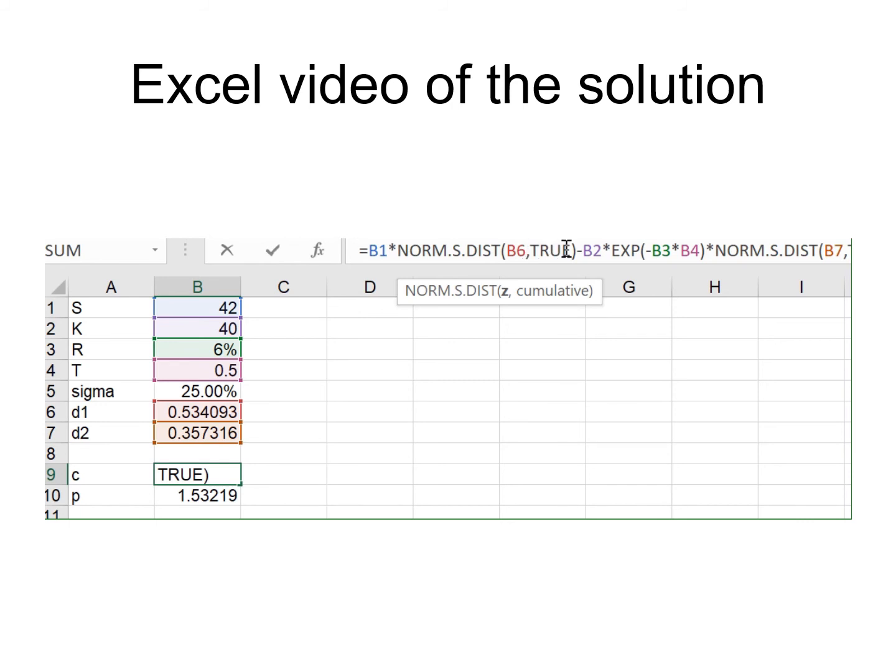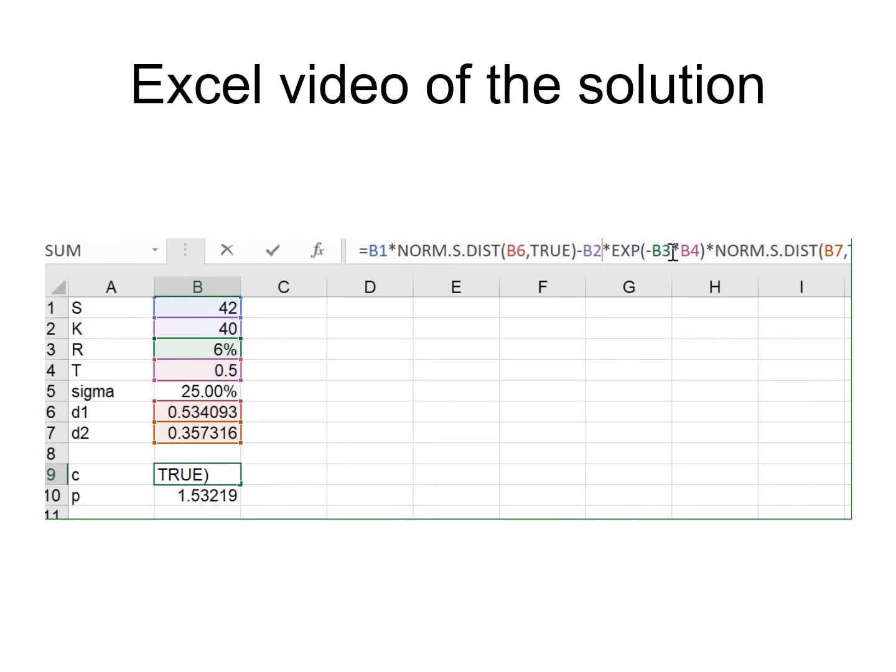When we say true, it returns the cumulative distribution. That's what we want. So it's S N(D1) minus K, B2, times exponential of negative RT, right?